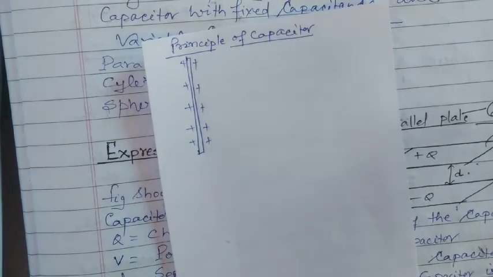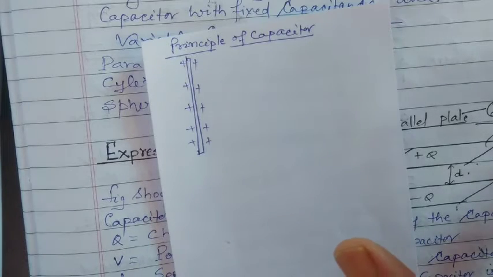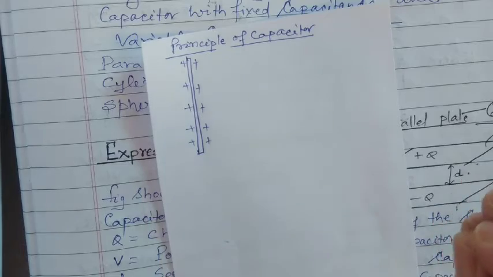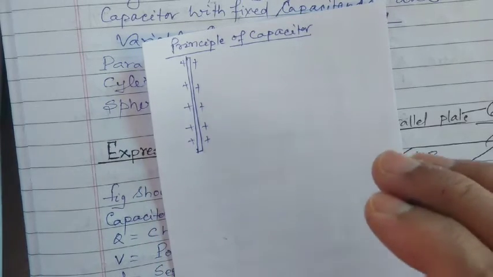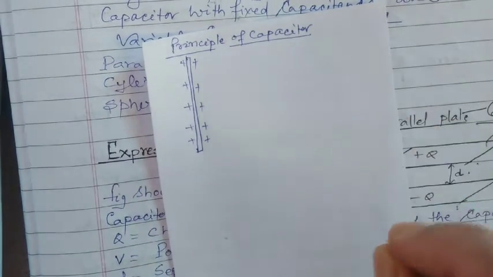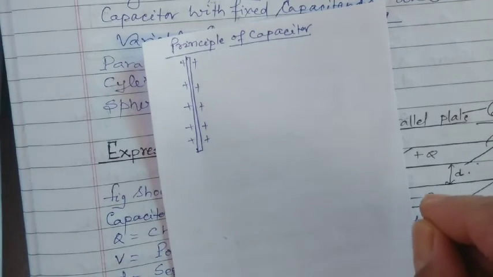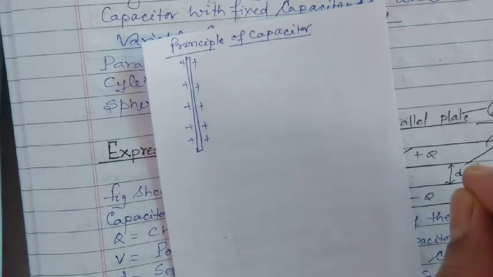How much charge any conductor can withhold depends on the maximum value of potential up to which it can withhold the charge. If further charge is given to the plate, the surrounding medium gets ionized and leakage of charge will take place.